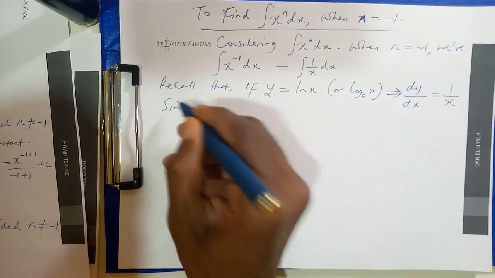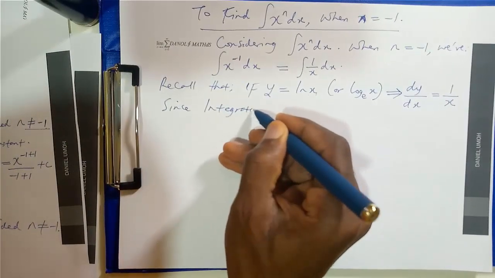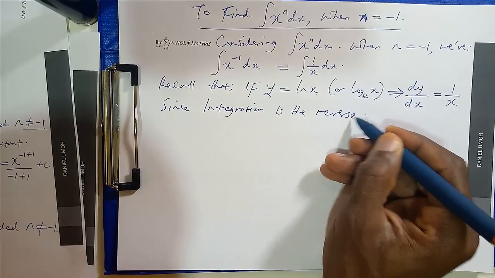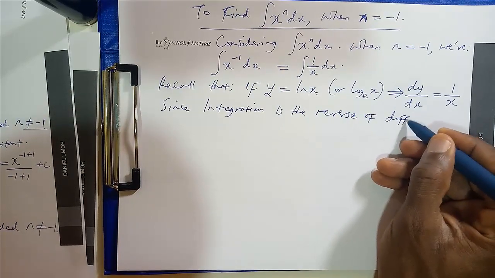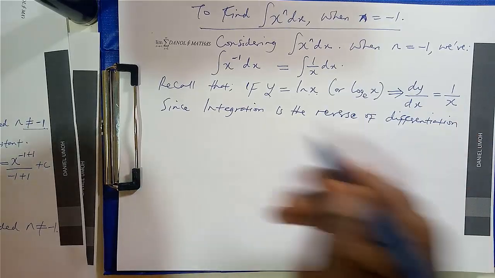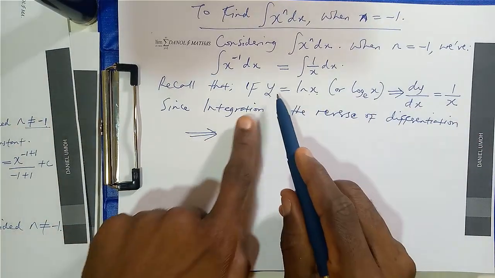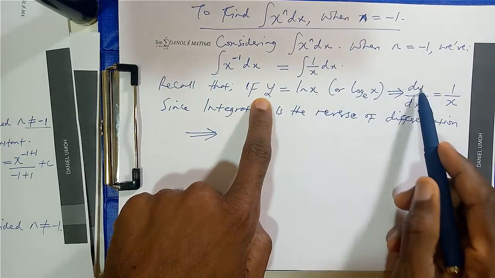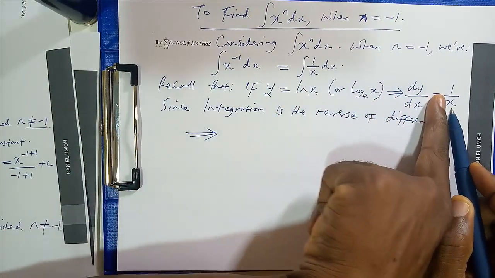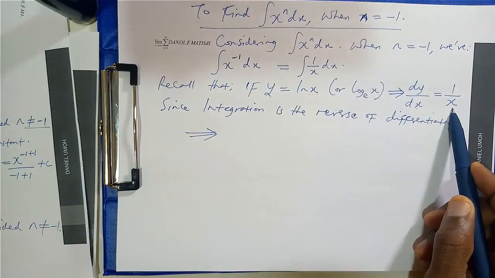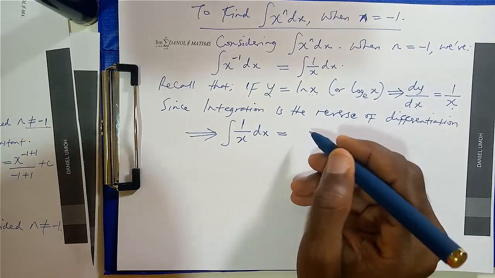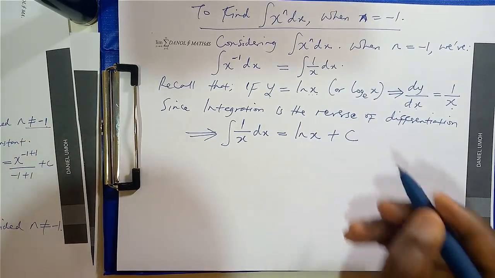So, since integration is the reverse of differentiation, remember, from differentiation, y equals ln x, dy over dx equals what? 1 over x. So it means that the integral of 1 over x from differentiation will give us what? Ln x. So the integral of 1 over x dx will give us ln x plus c.